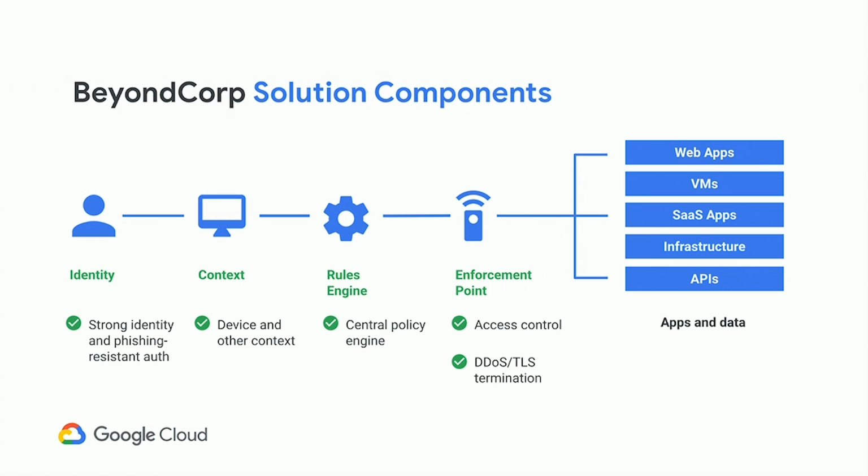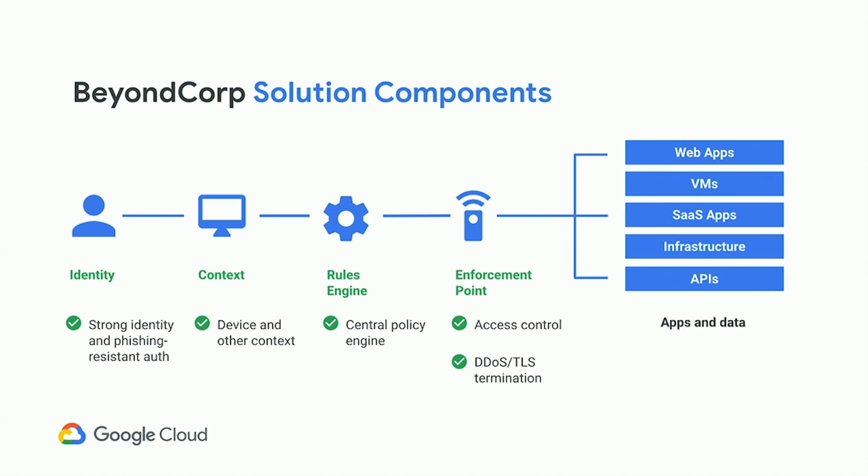So first, let's look at the BeyondCorp solution components, okay? It requires that, for instance, you have a strong notion of user identity. It doesn't insist that you use phishing-resistant authentication, but it can leverage the information about the session strength to make decisions based on the sensitivity of the request.